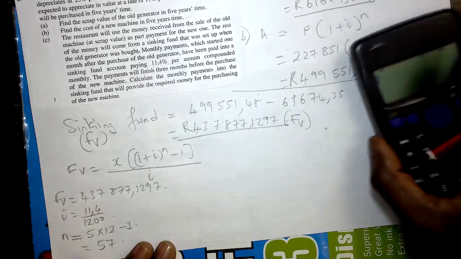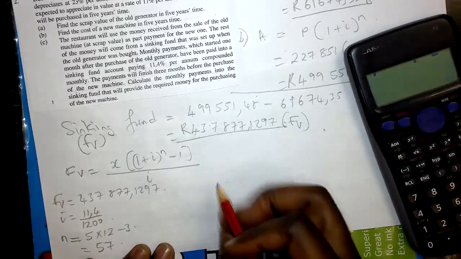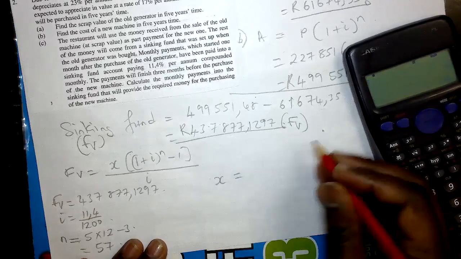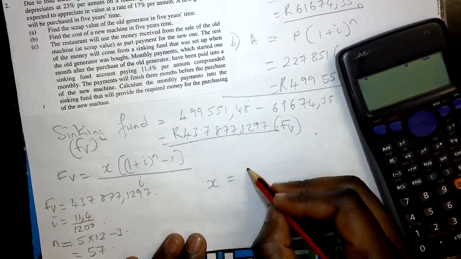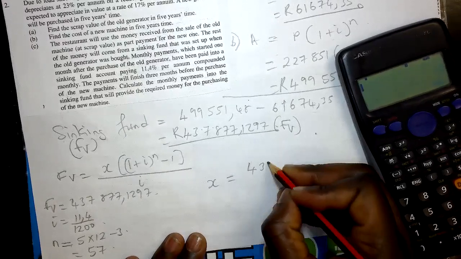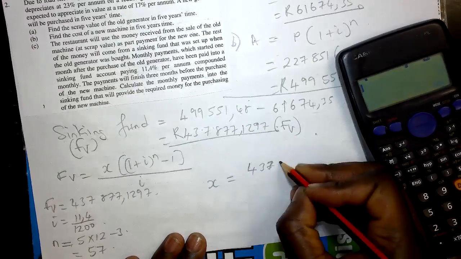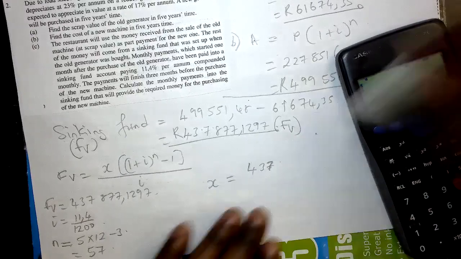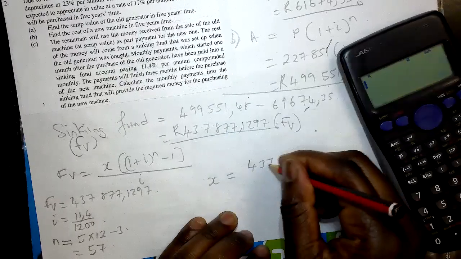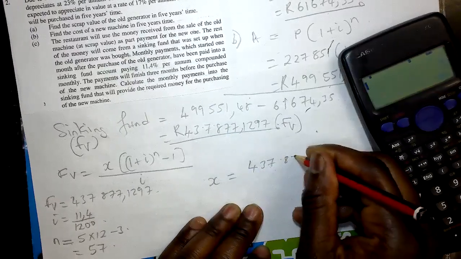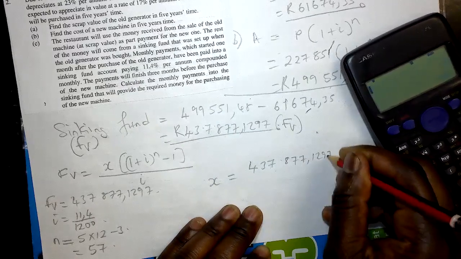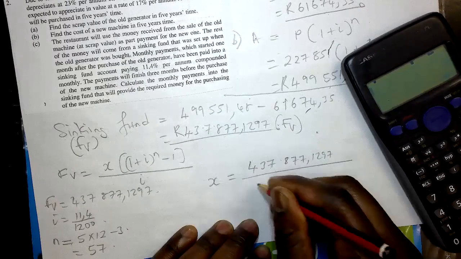So here we are looking for X. X will be our final, which was our FV, 437,877.1297 over. What do we get there?